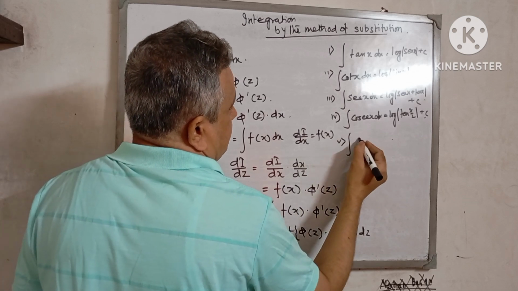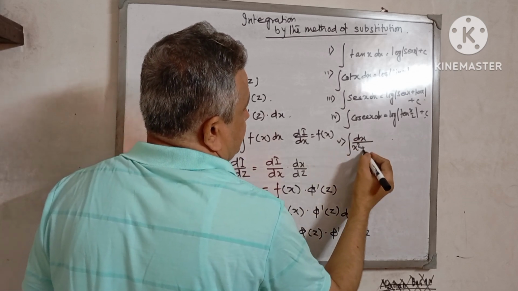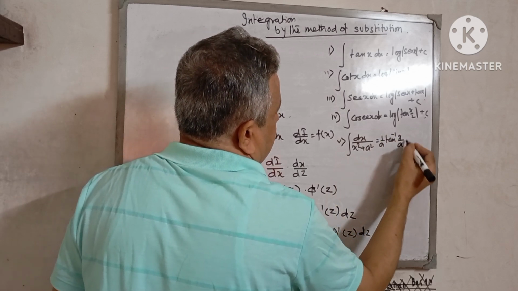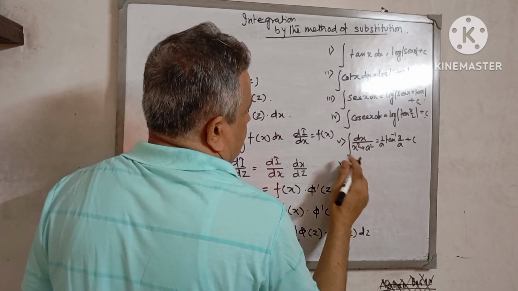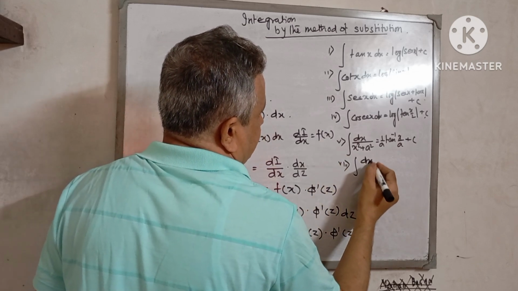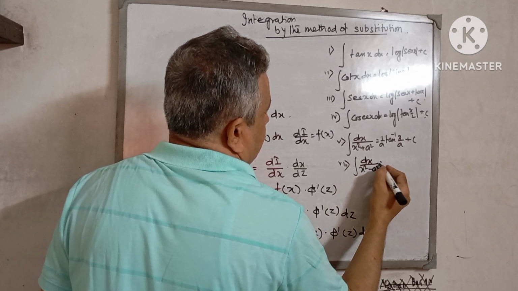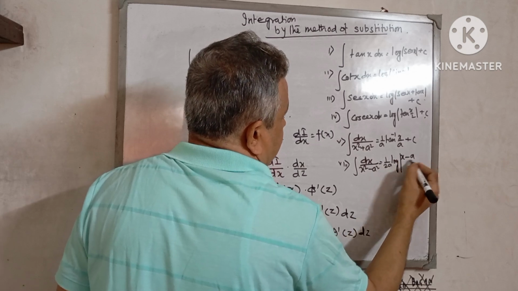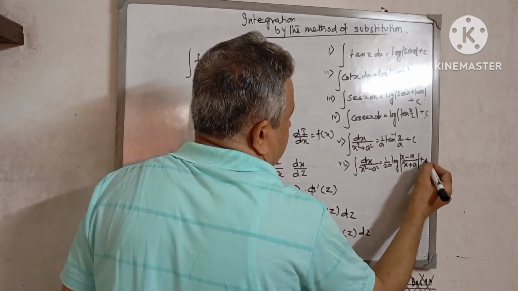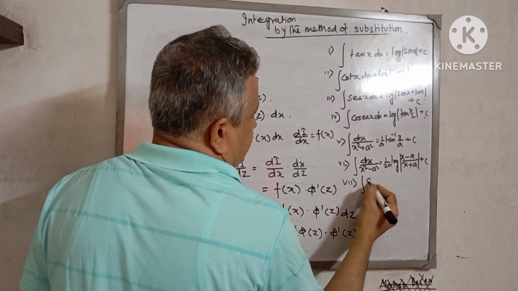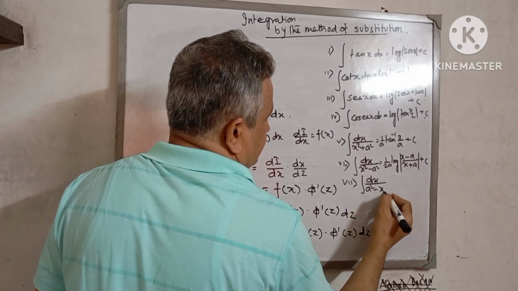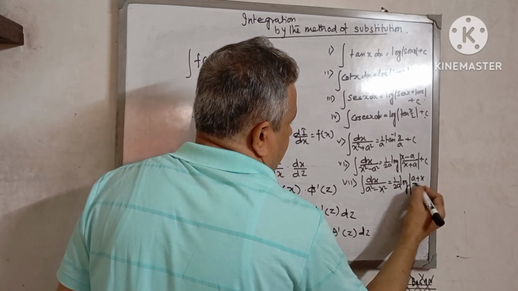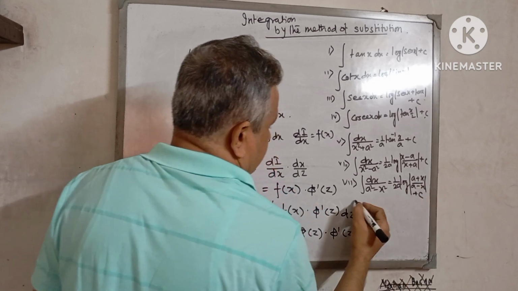Integration of dx by x square plus a square is 1 by a tan inverse x by a plus c. Next, integration of dx by x square minus a square is 1 by 2a log of (x minus a) by (x plus a) plus a constant. Integration of dx by a square minus x square is 1 by 2a log of (a plus x) by (a minus x) plus a constant.